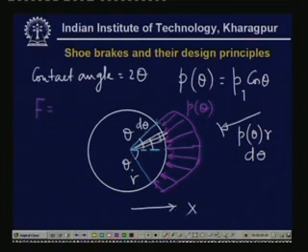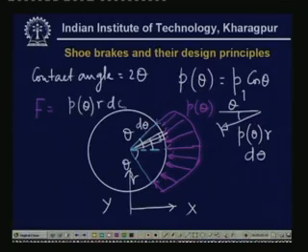So if this is the x axis, this is the y axis, the net component is here, this angle is theta. So therefore the net component is p theta r d theta cosine theta. So F is equal to p theta r d theta cosine theta, and we have to integrate then from minus theta to theta.